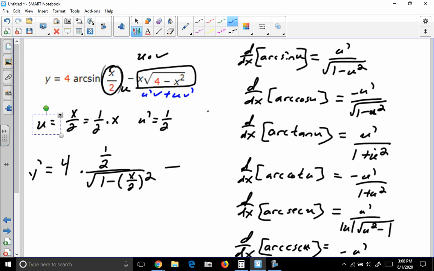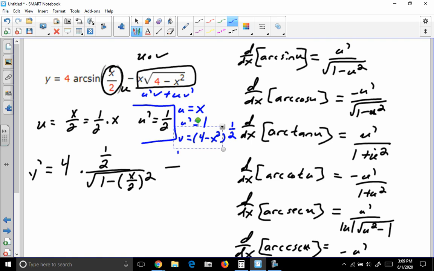So this is a whole other u and v. So for this, u is x, u prime is 1. Here, v is the square root of 4 minus x squared, or we could say v is 4 minus x squared to the 1/2 power. So v prime is a derivative of that.